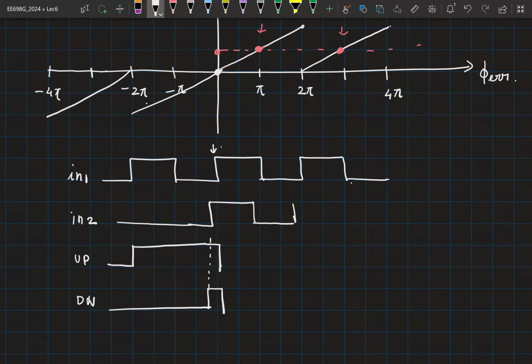Now, if this happens, where will up go high again? Up will go. So this edge has been missed. It has happened during the T reset, right? Down will go high before that. So up is going to go high here. Down is going to go high here, right? And then both of them will come down after a T reset.